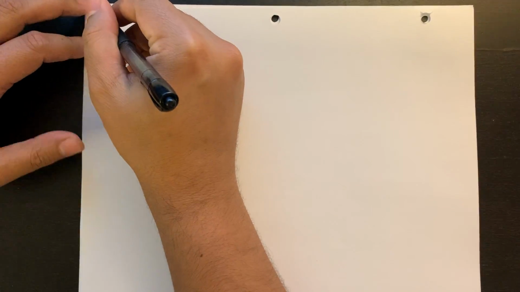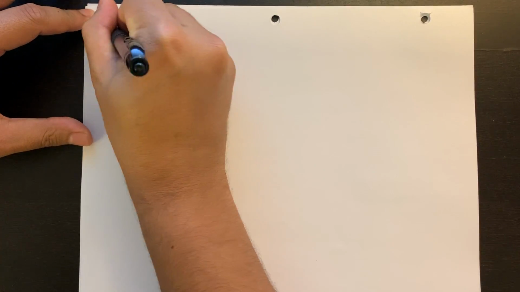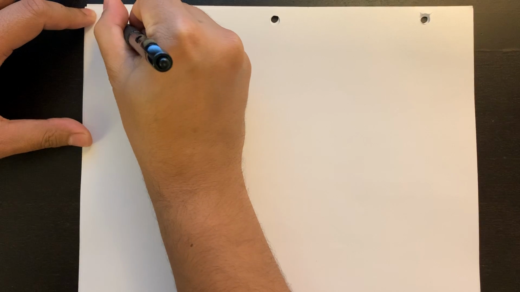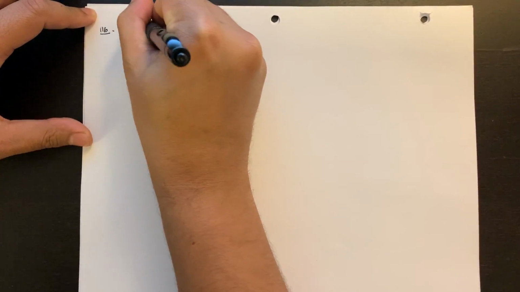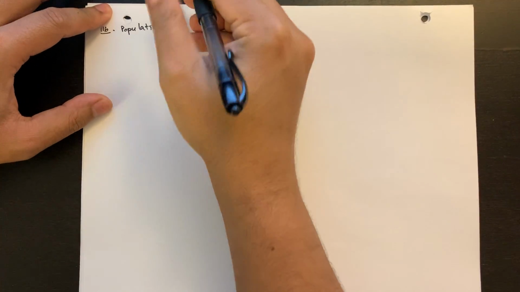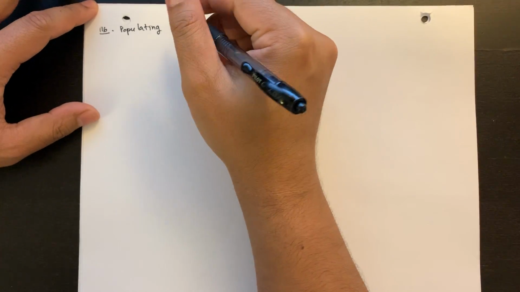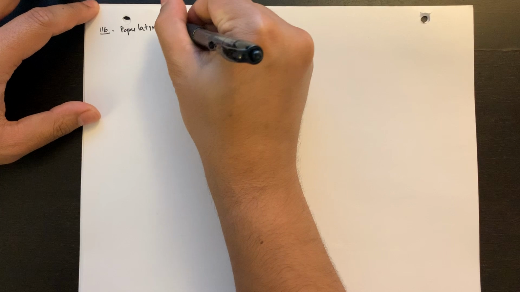On LeetCode, that question is number 116, and it's called Populating Next Right Pointers in Each Node.